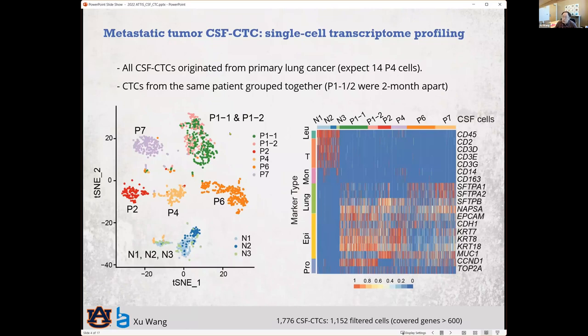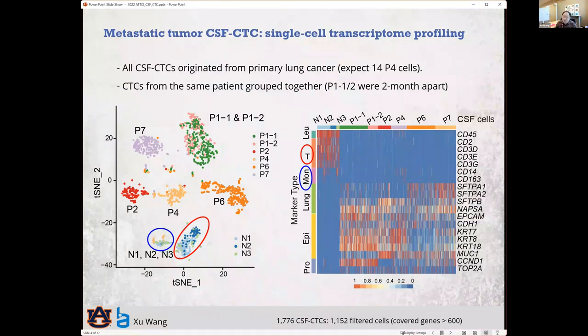So we enrolled 5 lung cancer patients with signs of brain metastasis. You can see here the 3 normal control samples mainly have T cells and monocytes, and you cannot find any tumor cells except for 14 cells in patient P4's monocytes. The tumor CTCs from individual patients form different clusters, suggesting heterogeneity among different patients.